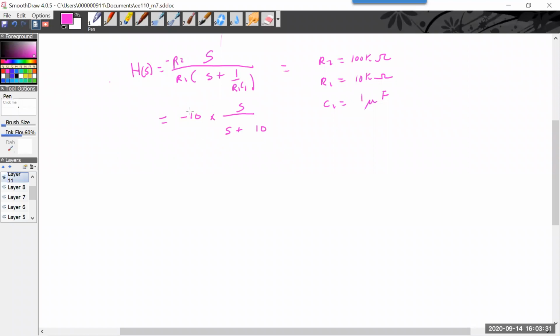So for the magnitude, this is really just a first order high pass filter.